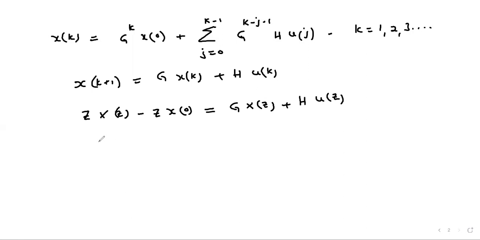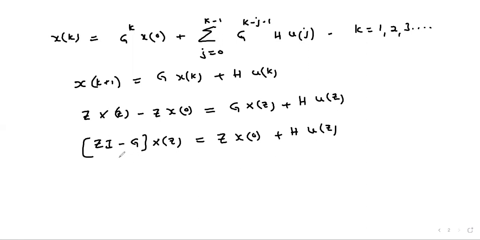If you collect the like terms together, then we can write this as zI minus G into X of z equals z x of 0 plus H U of z.